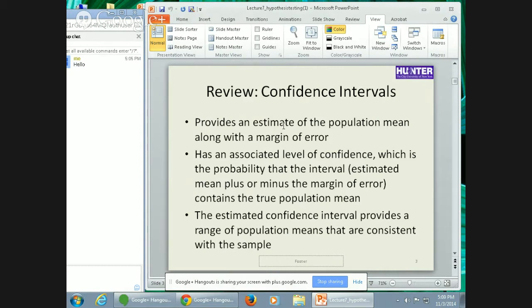And we talked about different levels of confidence, like 50% confidence, 90% confidence. And I think I convinced you that a 95% confidence interval has to be larger than a 50% confidence interval, because the more confident you want to be, the bigger a range of error you have to give yourself.